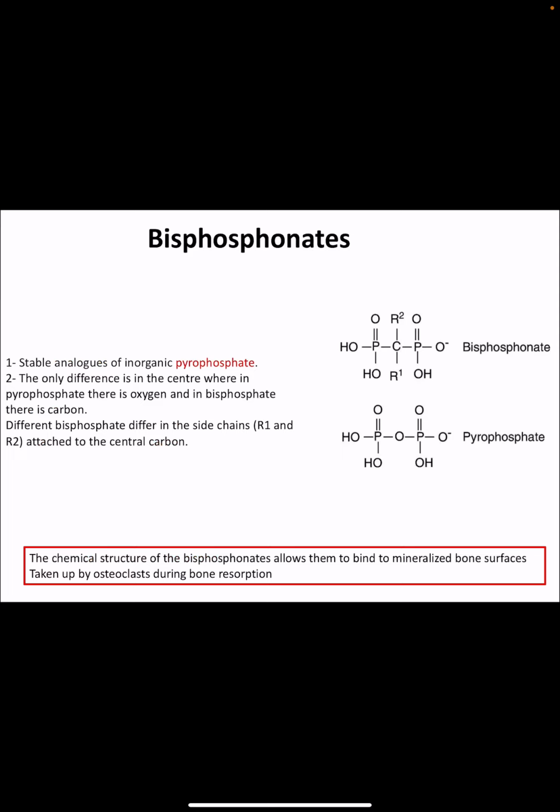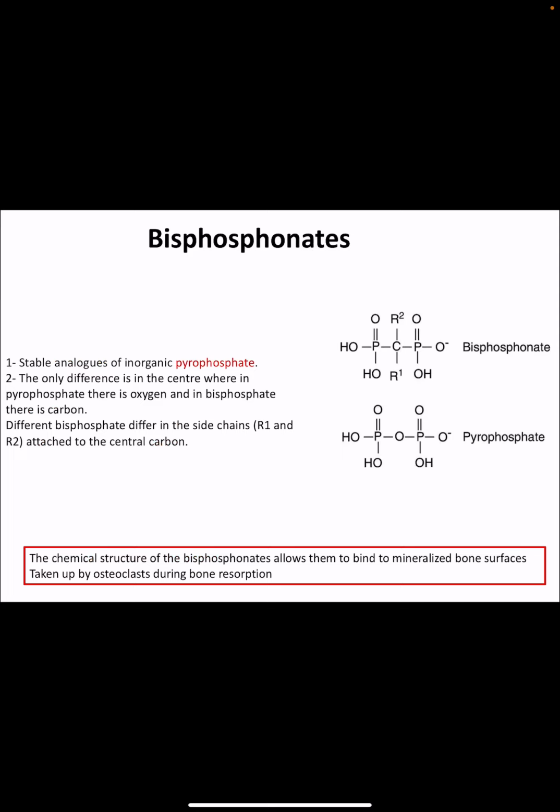Why am I saying inorganic when we're around chemistry? Because look, there's two phosphate groups linked by an oxygen, and that's the inorganic pyrophosphate. They modified it: instead of the oxygen, they put a carbon in between, and they attached two R's, R1 and R2. That attachment turns the bisphosphonate into first, second and third generation.